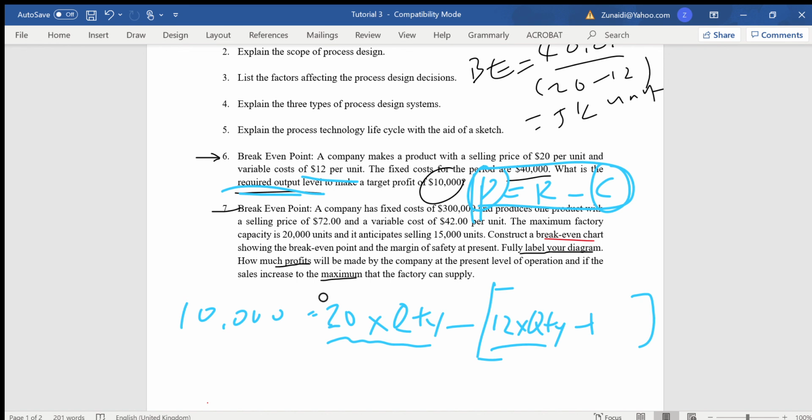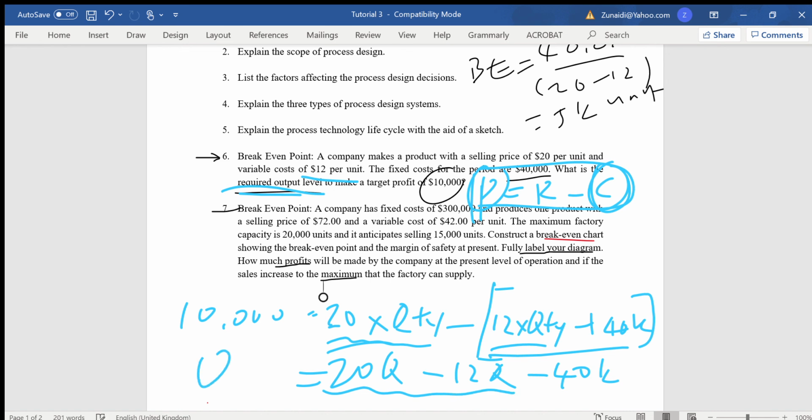Fixed cost here is 40K. So we get total cost. So revenue minus total cost, we get 20Q minus 12Q minus 40K. So we can find Q equal 6,250 unit. That is the answer for this one.